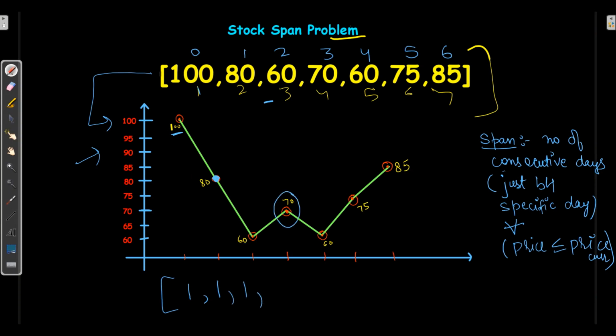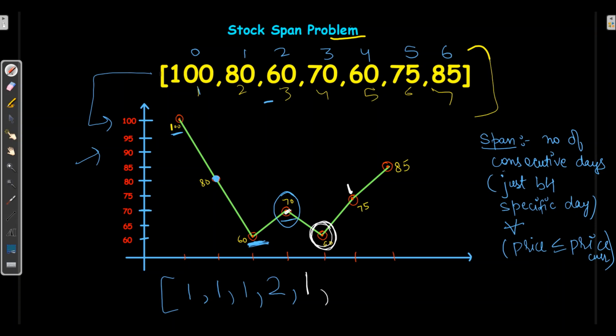Now for 70, the data left to it is 60, which is less than. So here the span will be 1 plus 1. So it will be 2. Then for 60, the data left to it is greater than. So it will be just 1 span.